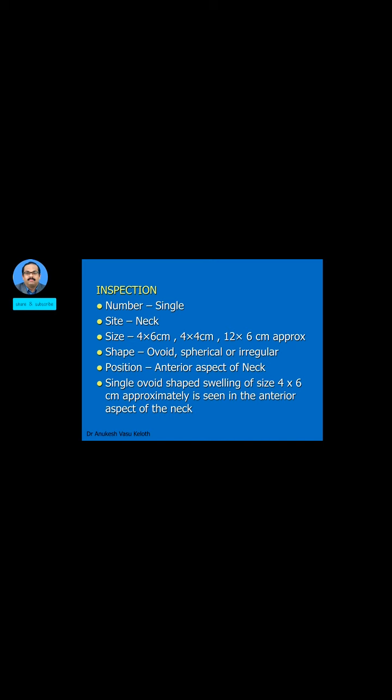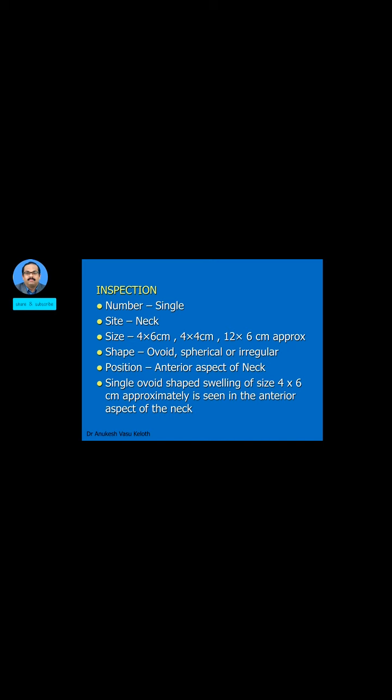The size of the swelling is an approximate measurement, you can say. Depending on the shape, if it is a spherical shape, you can go for equal dimensions, 4 into 4, 5 into 5 centimeter. If it is ovoid, then one of the dimensions will be longer, so 4 into 6 centimeter or 6 into 3 centimeter, like that. Now if it is a butterfly shape, we can generally call it irregular shaped. So that would be a horizontal dimension and a vertical dimension.